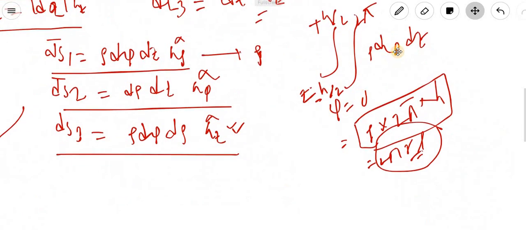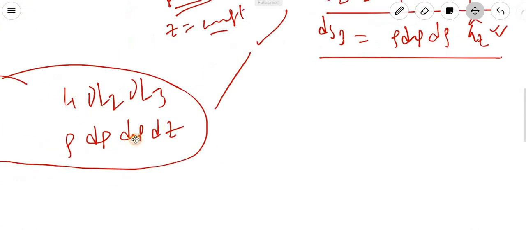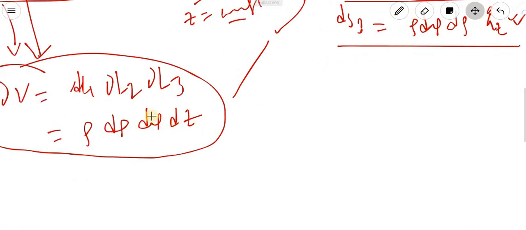And if you consider the volume, what will we get?